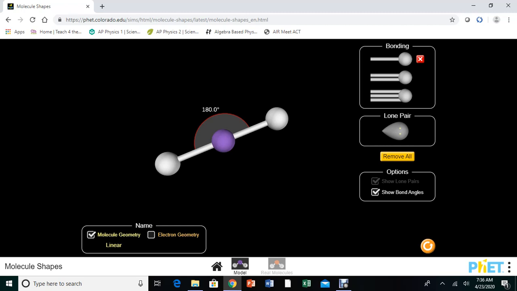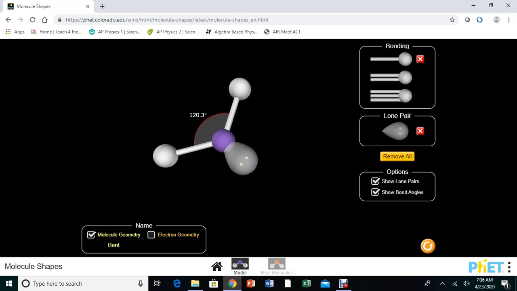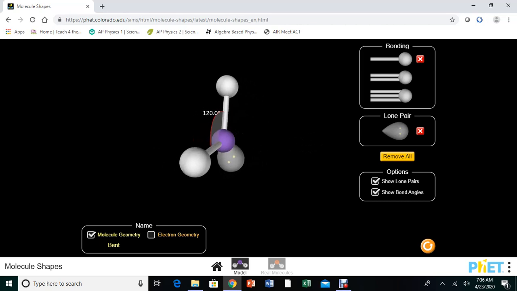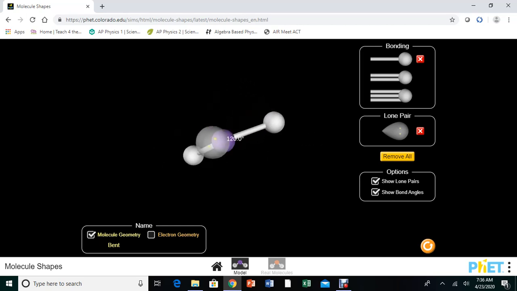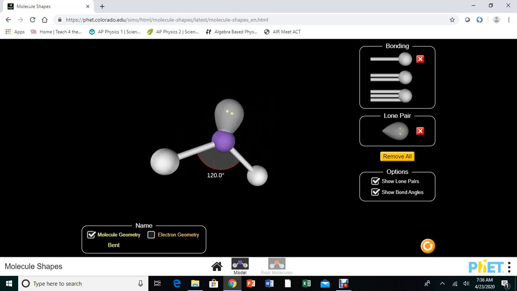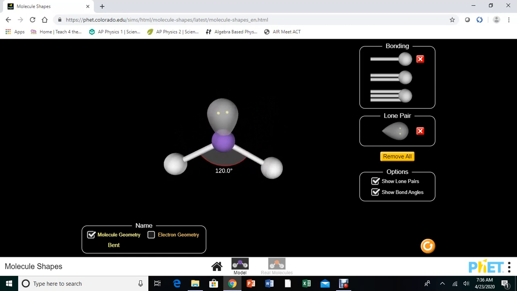Now, if we add a lone pair of electrons, that's going to drastically change the shape of the molecule to where we have a 120 degree angle and the molecular geometry is bent.